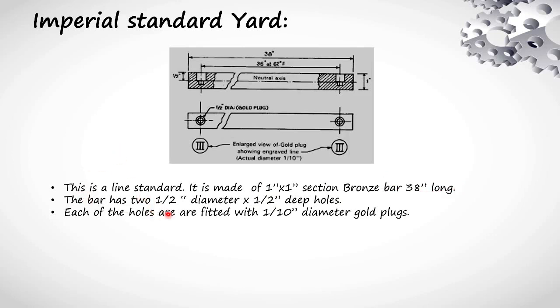The bar has two half-inch diameter, half-inch deep holes, and each of the holes is fitted with a 1/10th inch diameter gold plug. And these are among the most important standards of measurement. From the diagrammatic representation, we can clearly understand the front view and top view of this Imperial Standard Yard.